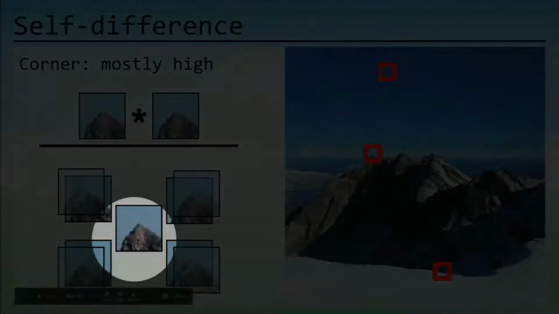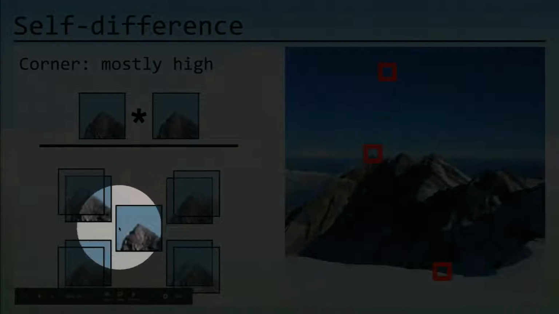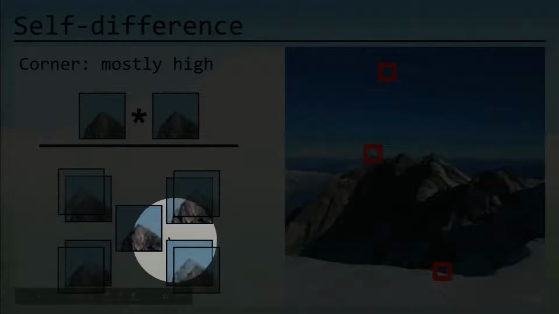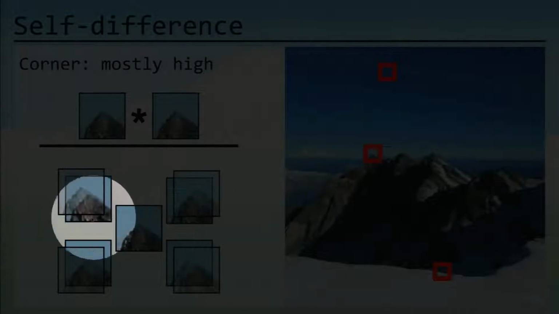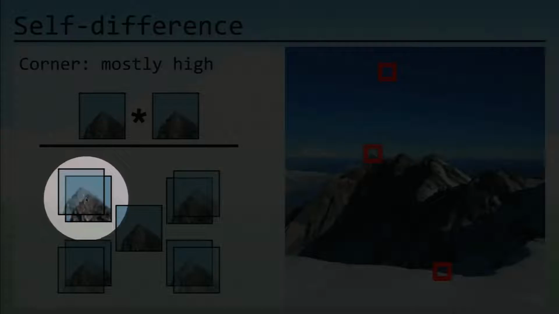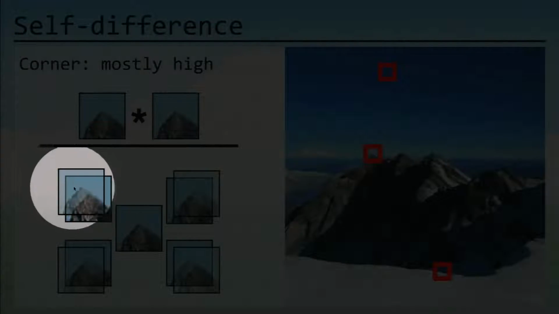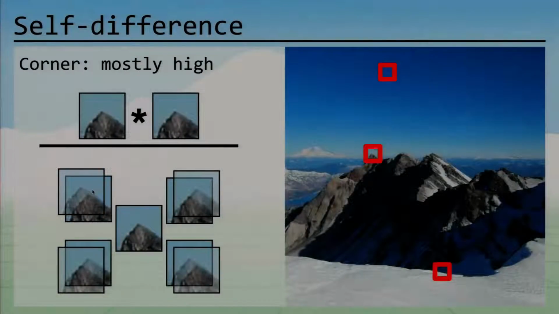So again, when the two filters are right on top of each other, you just have this perfect match, and your self-difference is really low. But then as you start going in any direction, we already see that we have this component of this mountain in one image overlapping components of sky in the other image, and this distance function is going to start getting large pretty quickly. So corners end up having pretty large components of self-difference, which is really nice.